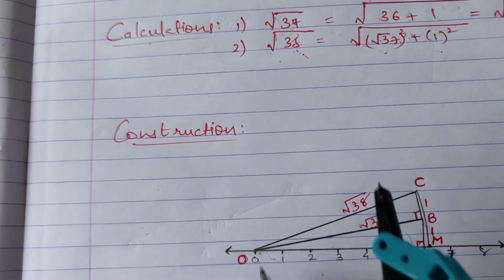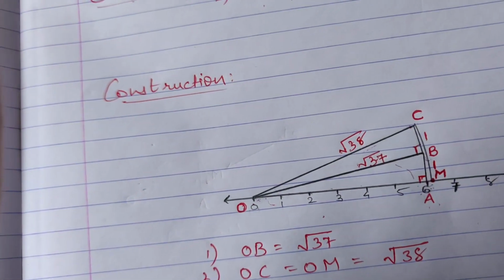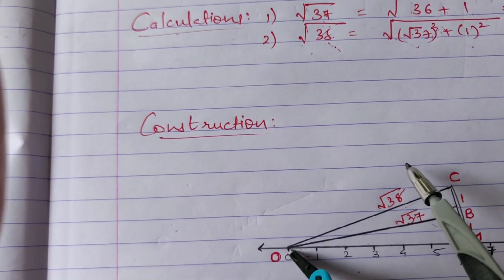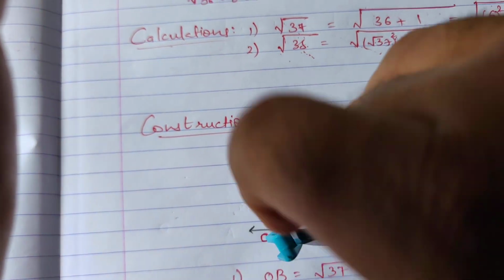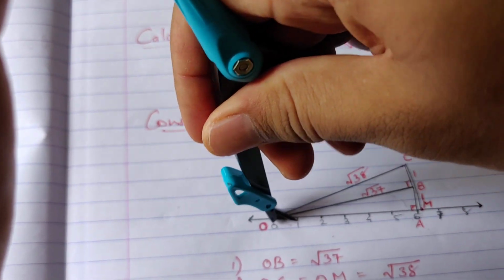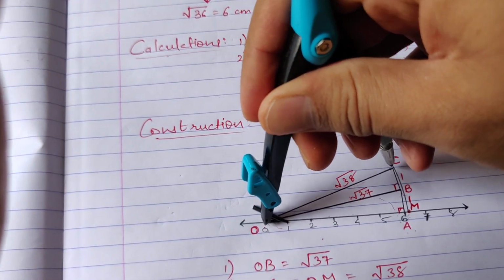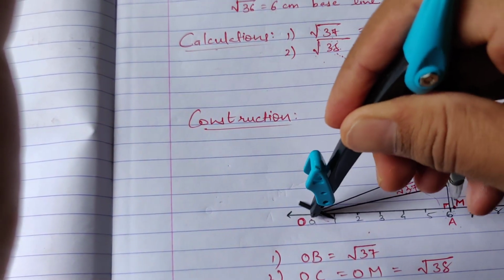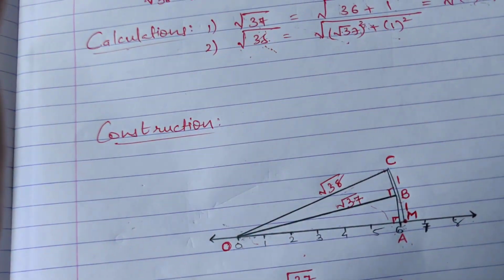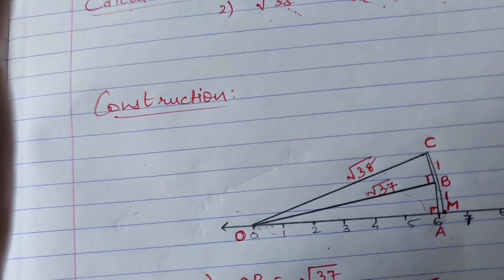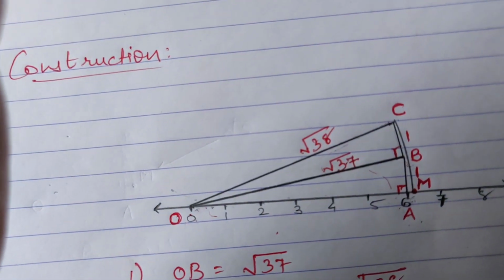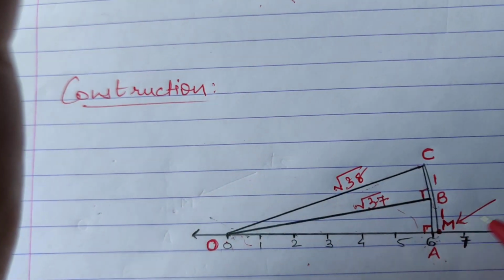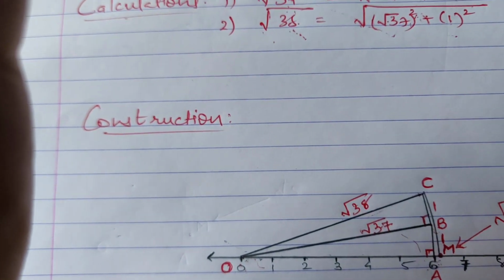One hand is the sharp point, which needs to be kept on O. The pencil hand needs to be kept on C. Then you just put an arc. When the arc intersects the baseline, that would be the point at which we get the answer of root 38.